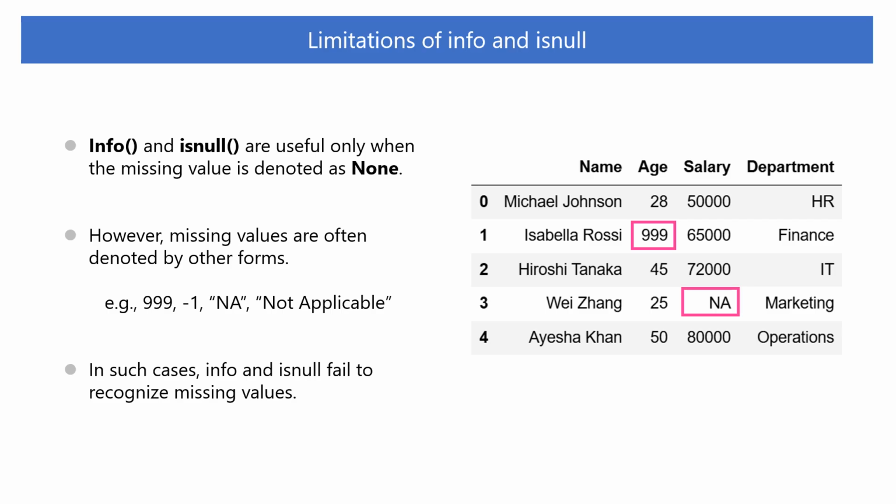In other cases, missing values are denoted by a string such as NA or not applicable. In such cases, info and isnull recognize missing values as normal strings or numbers, so they cannot identify missing values.